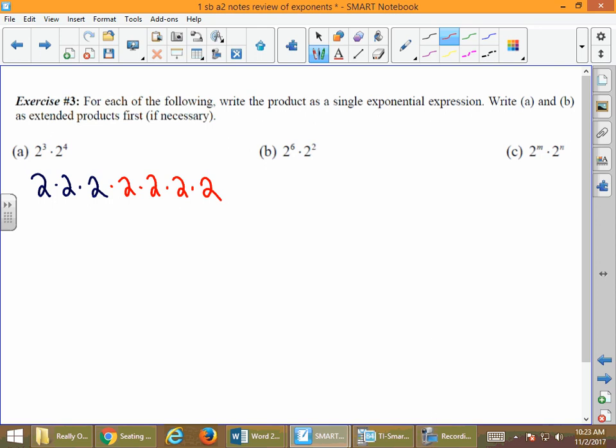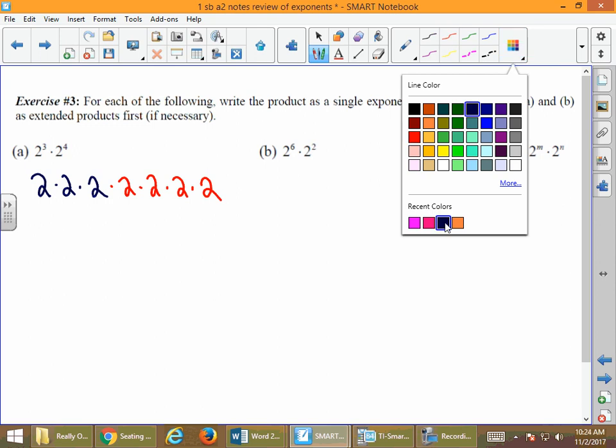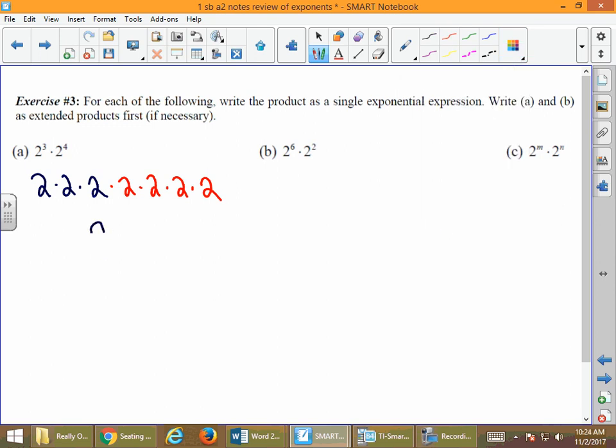Well, we don't have to figure out what that actual number is because our directions say that we want to write it as a single exponential expression. So we're going to have an exponent in our answer, but how many 2's did we end up with? We ended up with 7. 1, 2, 3, 4, 5, 6, 7. So 2 to the 3rd times 2 to the 4th is 2 to the 7th.